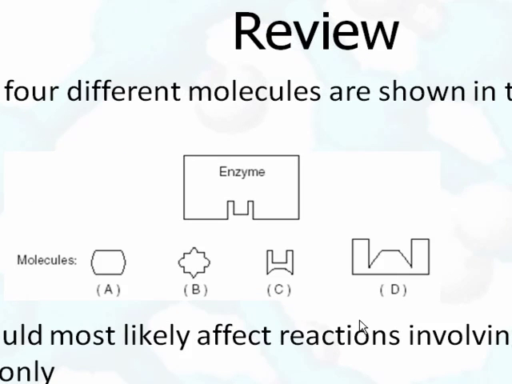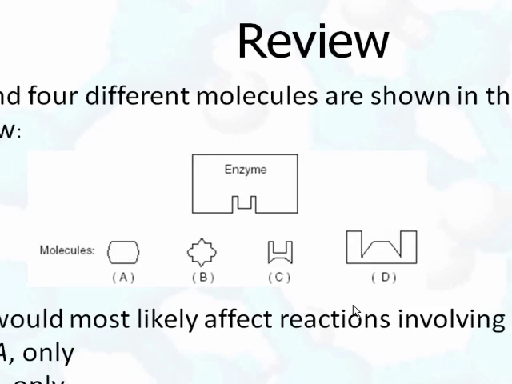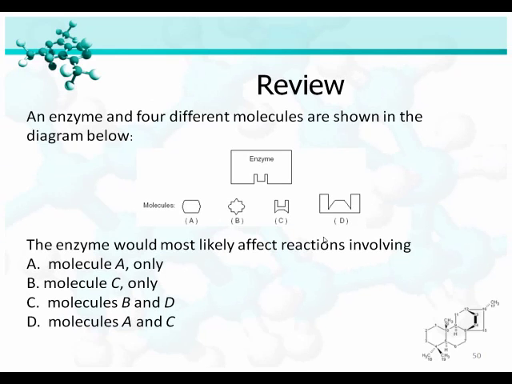The enzyme would most likely affect reactions involving: A, molecule A only; B, molecule C only; C, molecules B and D only; and D, molecules A and C. Remember, I said in a previous slide that the substrate and the active site are complementary of each other.